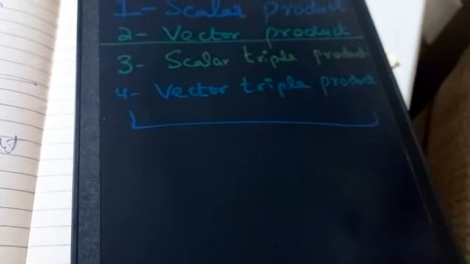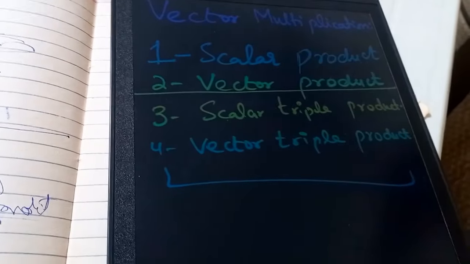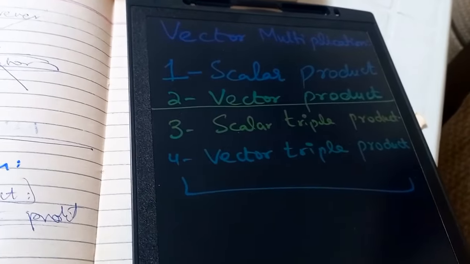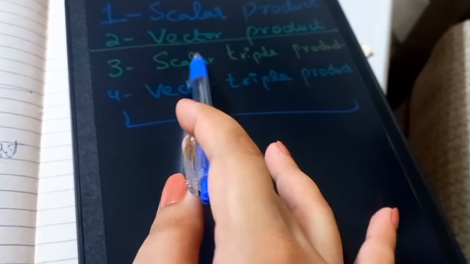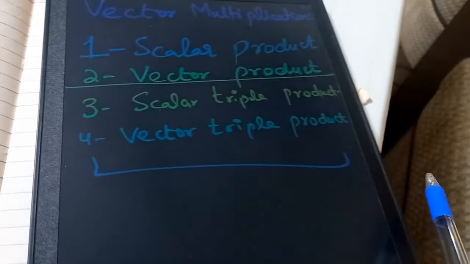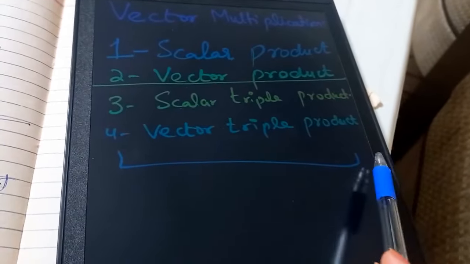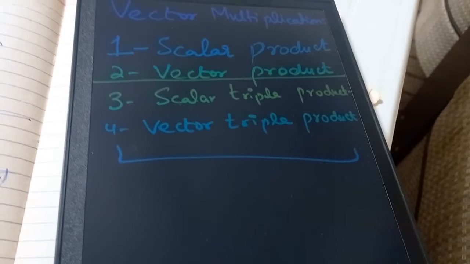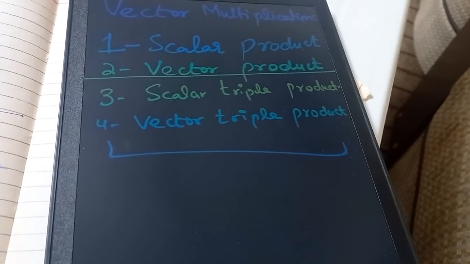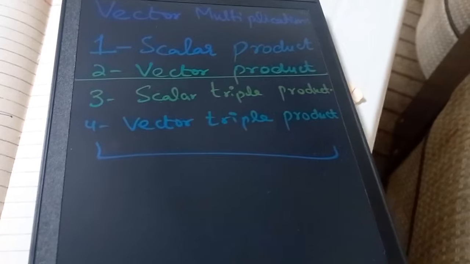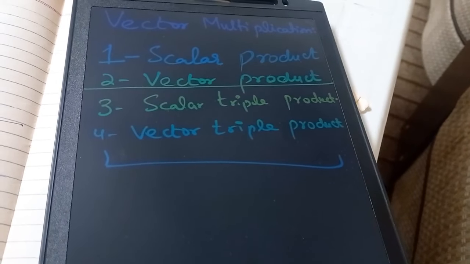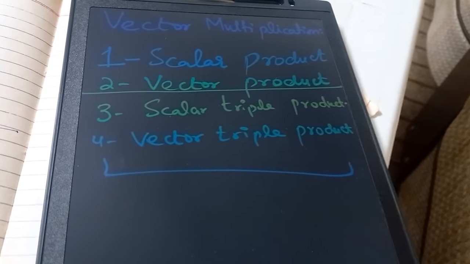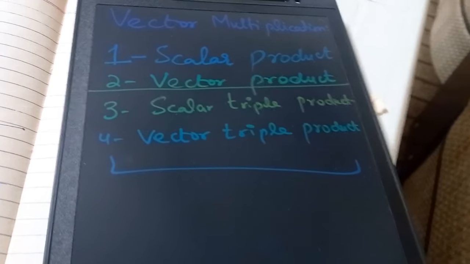It's a scalar triple product when we have three vectors involved and the result is a scalar quantity, while in a vector triple product we have three vectors and the result after multiplying them is a vector quantity. So that's how they are named.